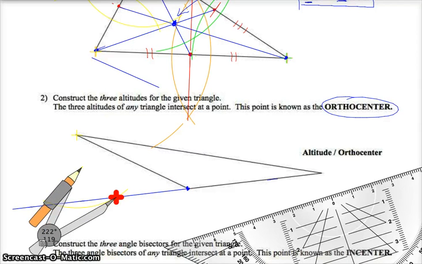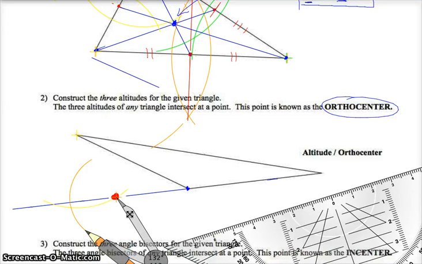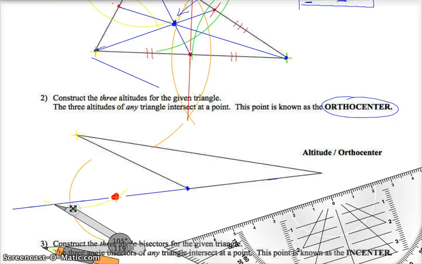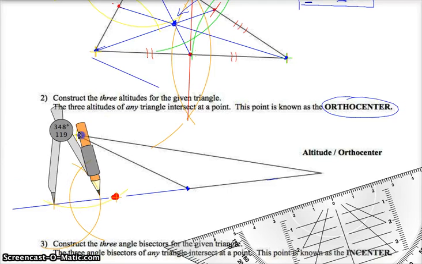Sorry, I had it on the wrong thing. Now I'm going to do a quick intersection here, so it's going to go above and below. I'm going to go over here where the two things intersect, above and below.